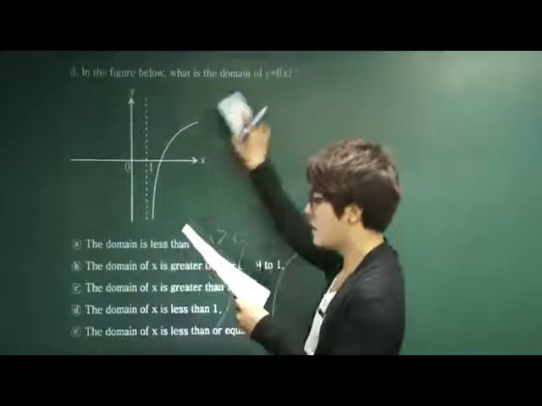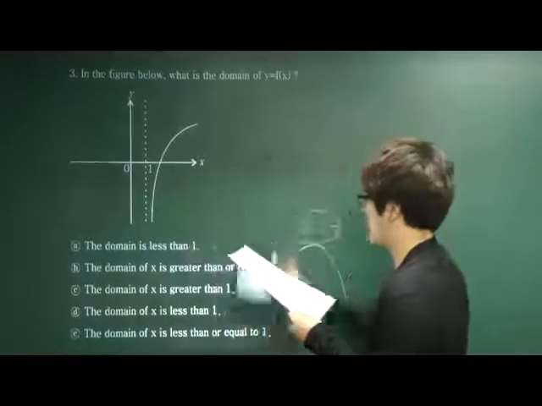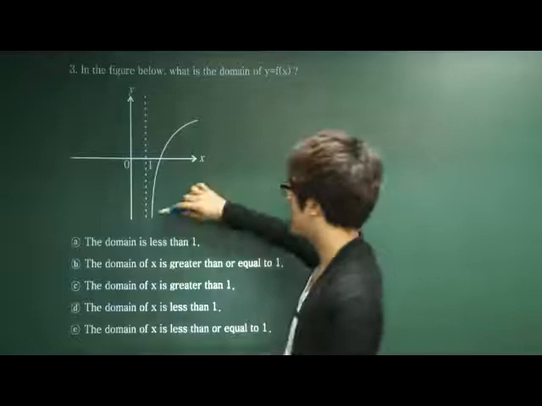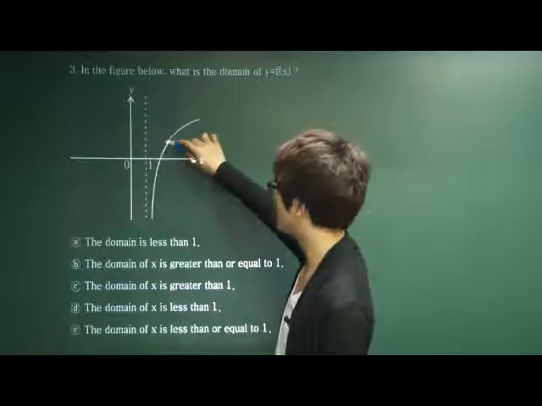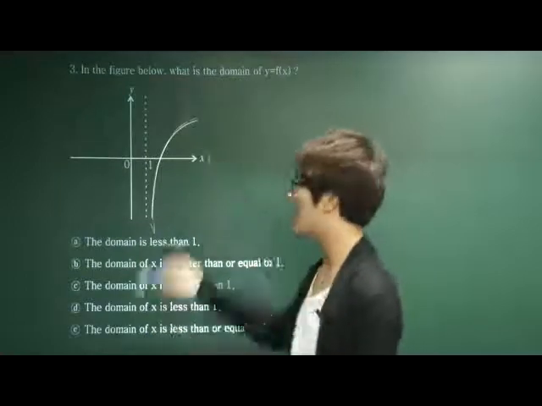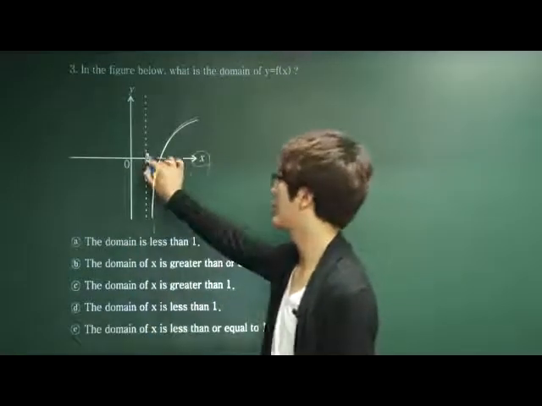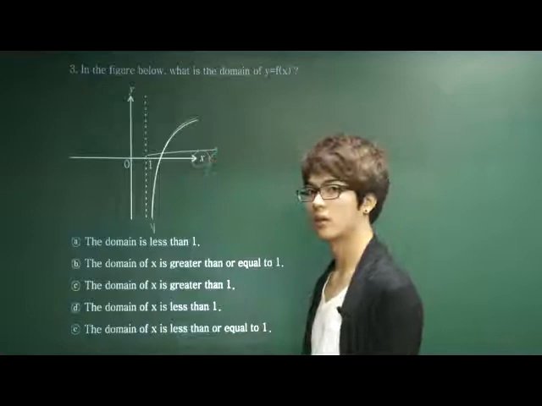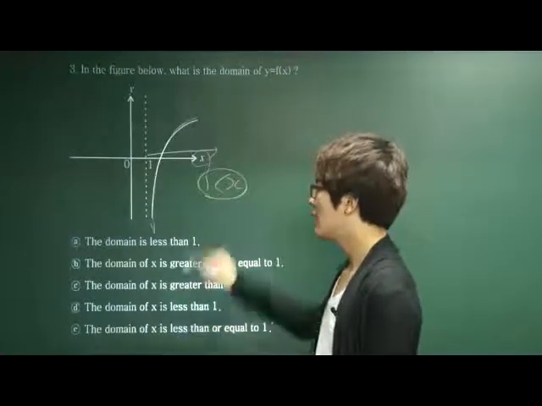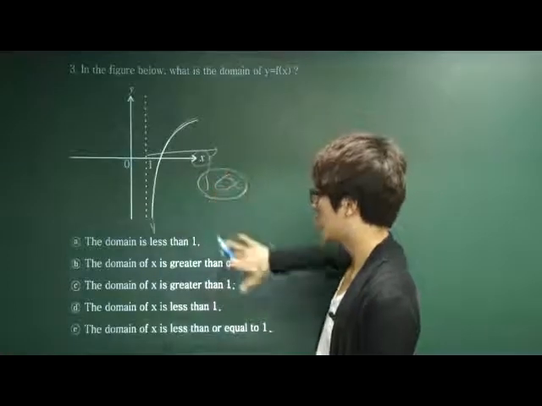Let's move on to number 3. In the figure below, what is the domain of f of x? Okay, so let's look at the graph first. I see the graph starts from here, right? So the domain, which is the x value, has to be greater than 1. Now let's check our answer choices.